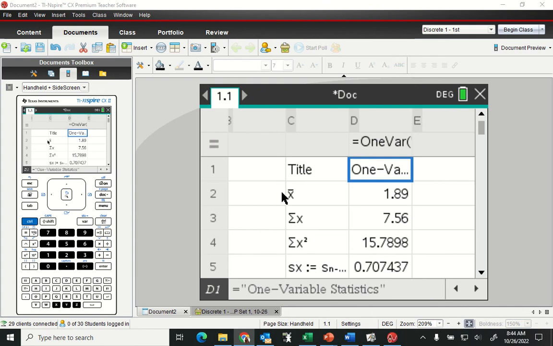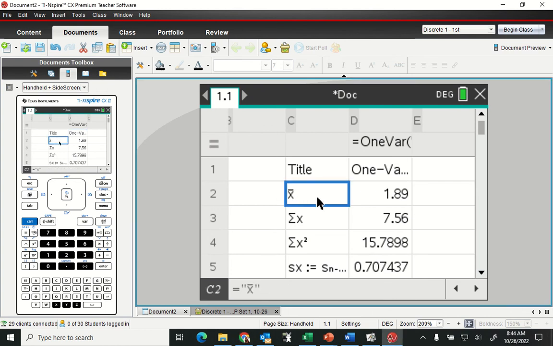So what is this thing right here? What is this symbol? Anyone recall what this symbol is? That's the mean. And what's the name of that symbol? X bar. Very good, X bar. So my mean was 1.89, very good. We did this by hand, didn't we? But you could just put in the calculator.